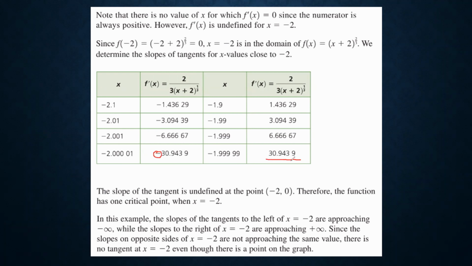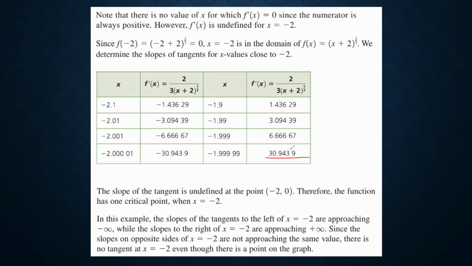I can see this value is far away from this value, and the same with the x values. And what is this value? It's the value of the slope of a tangent line, the value of the derivative.